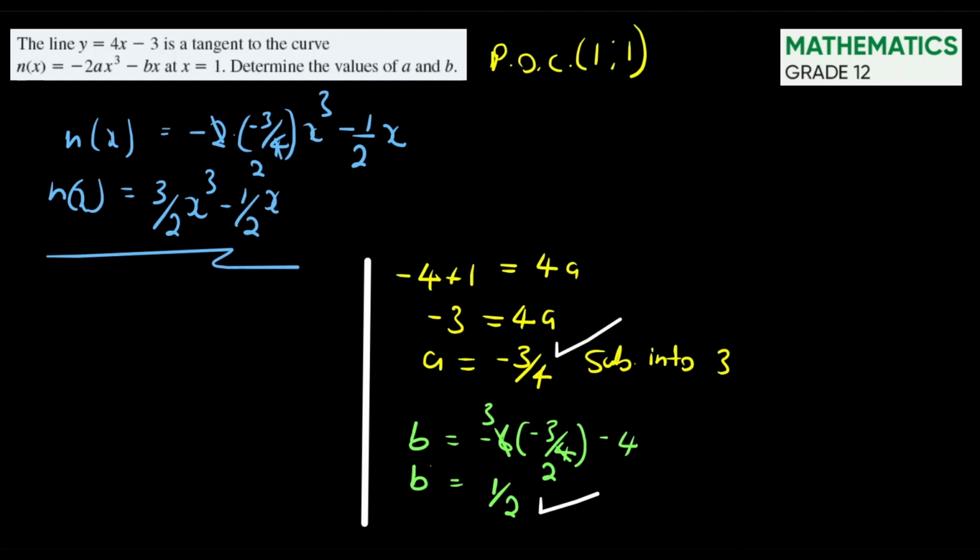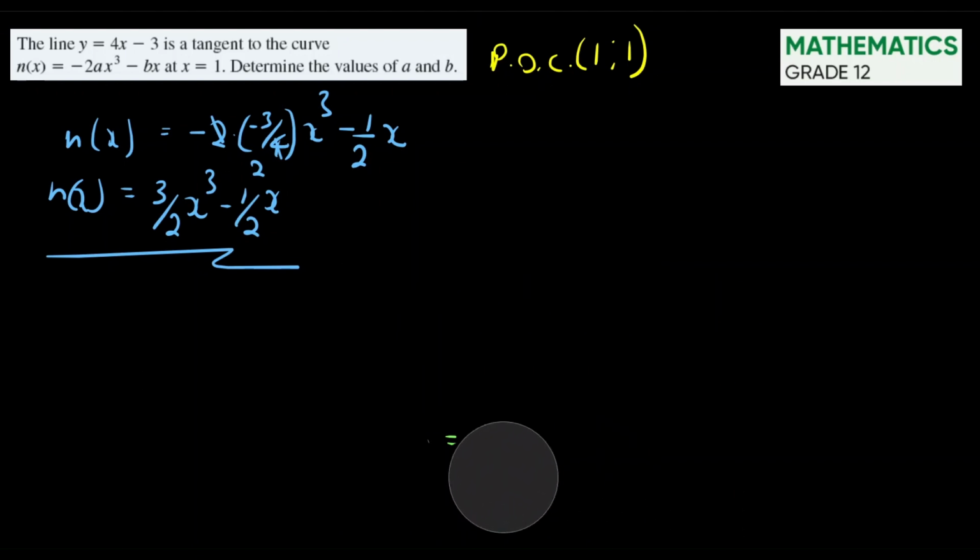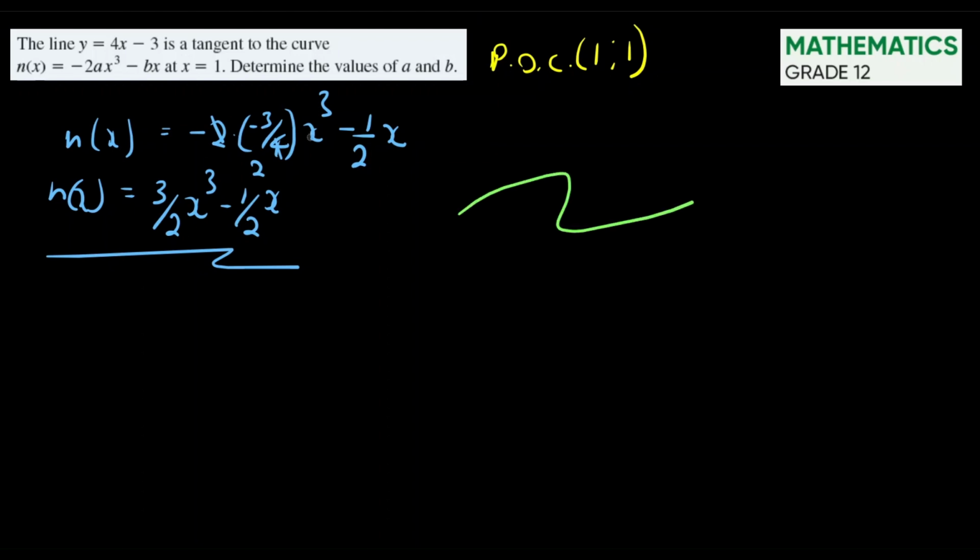But the key takeaway here is to visualize, when we talk about the tangent, how the tangent relates to the main graph. If you're given a cubic function, maybe next time a cubic function will be of that nature, we never know.